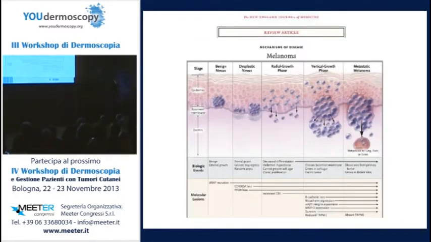But this is the basis of the biologic concept and this is not fantasy, this was published in the New England Journal 2002, that we start with a benign nevus, then with a dysplastic nevus that is a precursor, and then we have from the dysplastic nevus a melanoma. If this is true, we should be able to predict from the morphology the chance that the lesion develops into melanoma.